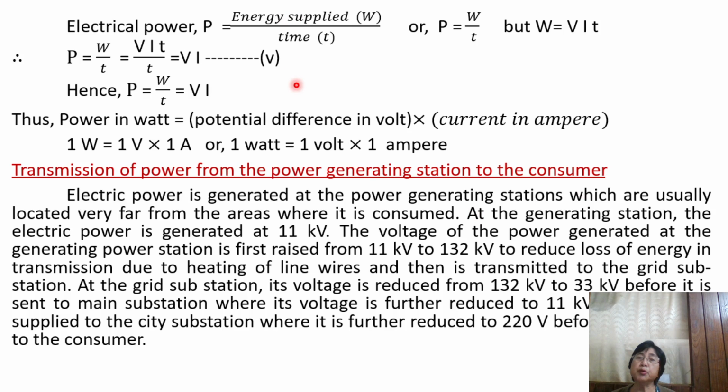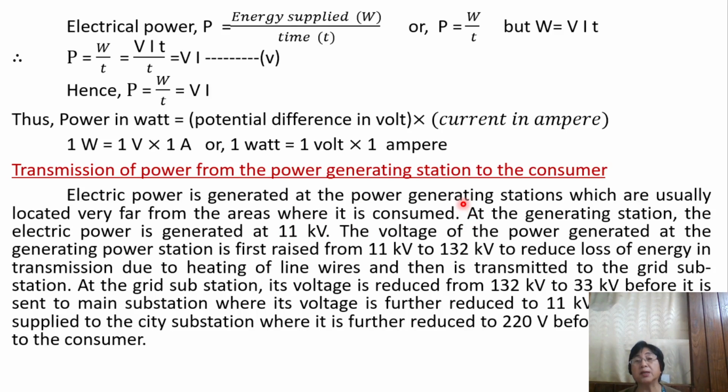How do we get the electrical power from the generating station to the household, when we say to the consumer? Please listen carefully here. There are steps that are important to be remembered. Electric power is generated at the power generating stations, which are usually located very far from the areas where it is consumed. Very important point. We never get the generating power stations nearby.